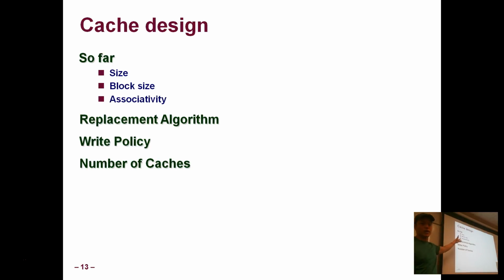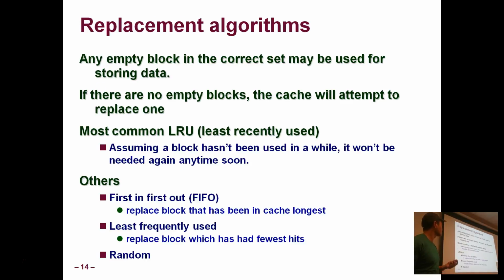So the three things we're going to look at are the replacement algorithm, which you had just referred to, the write policy, and then the number of caches. When you have a write into the cache, the write policy is whether or not you send that all the way out to main memory immediately, or wait until that block is evicted to do the write. We sort of saw the number of caches when we looked at the hierarchy, but there are different ways of configuring caches in a CPU that we're going to talk about.